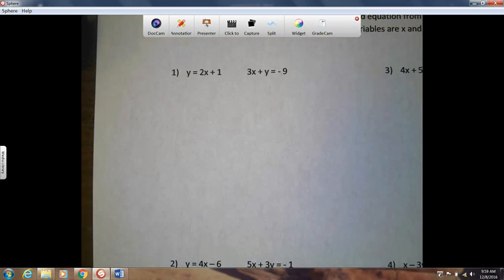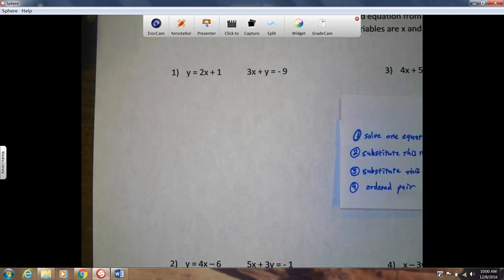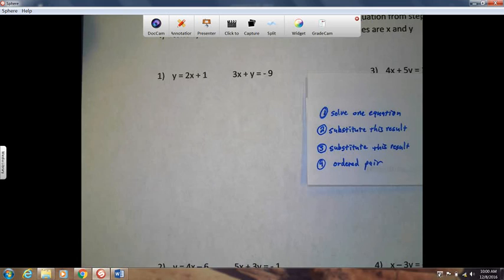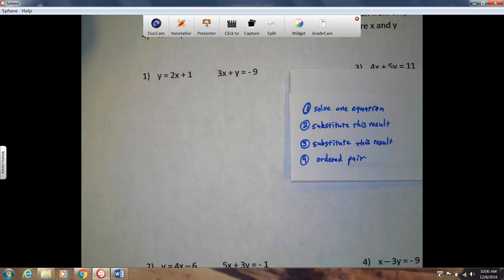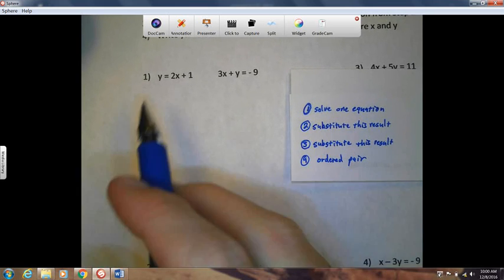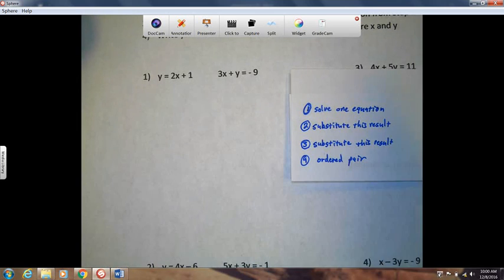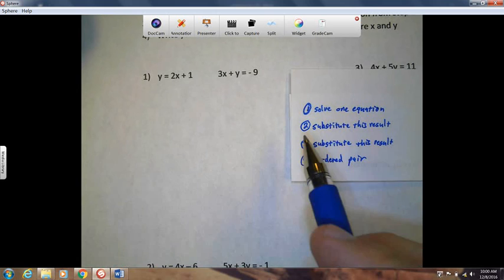So what I want to do is, it says, if necessary, solve the equation for one of the variables. So I made my notes here, steps kind of small so you can see them as we're doing them. So I'm going to do the first one. And I already have that. I already have y equals. Okay, so the first step is done. So the next is substitute this result.